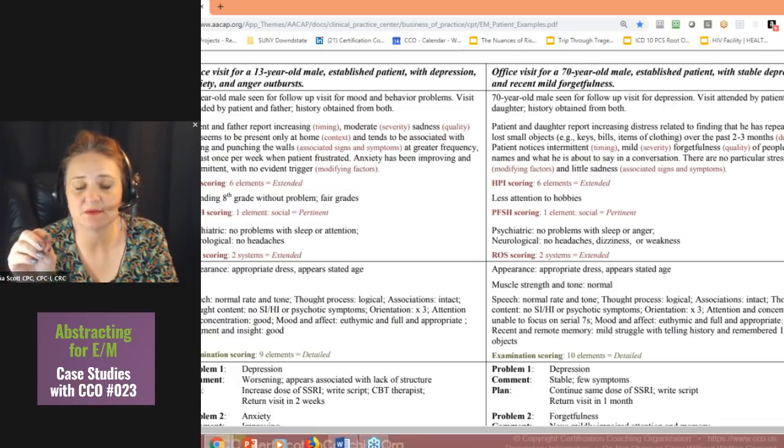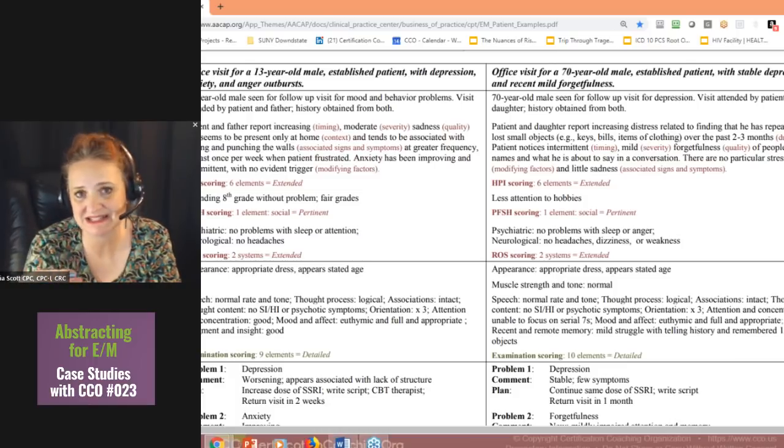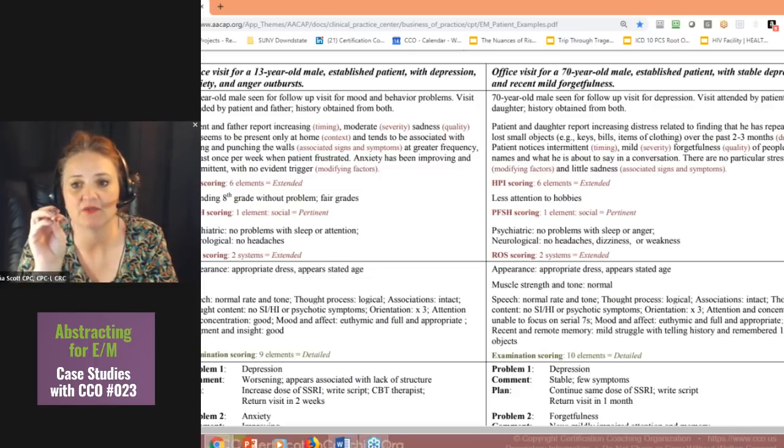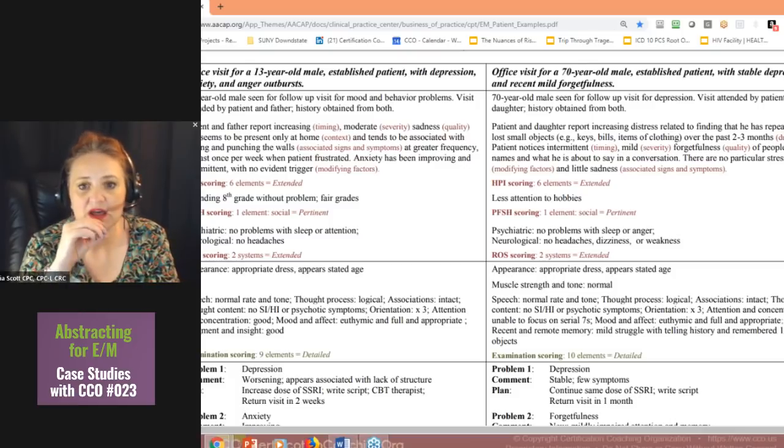He's got some distress, and he's repeatedly lost small objects, and then he lists some of the things that were lost. How long has it been happening? Last 2 or 3 months, that's duration. Patient notices intermittent, that's timing. Mild, severity. Forgetfulness, quality. People's names and some other things. Modifying factors, no particular stressors.